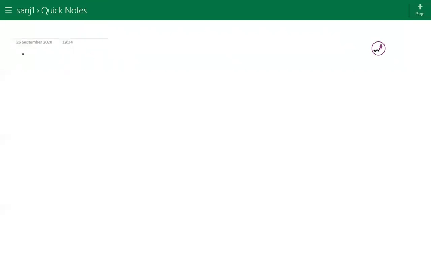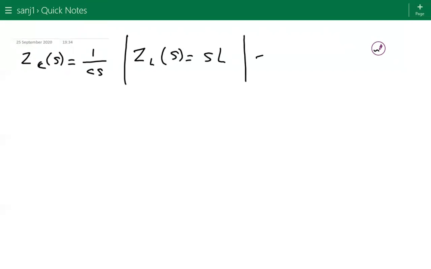We have seen that Zc(s) is given by 1 upon Cs, ZL is given by sL, and ZR is given by the resistance value R.